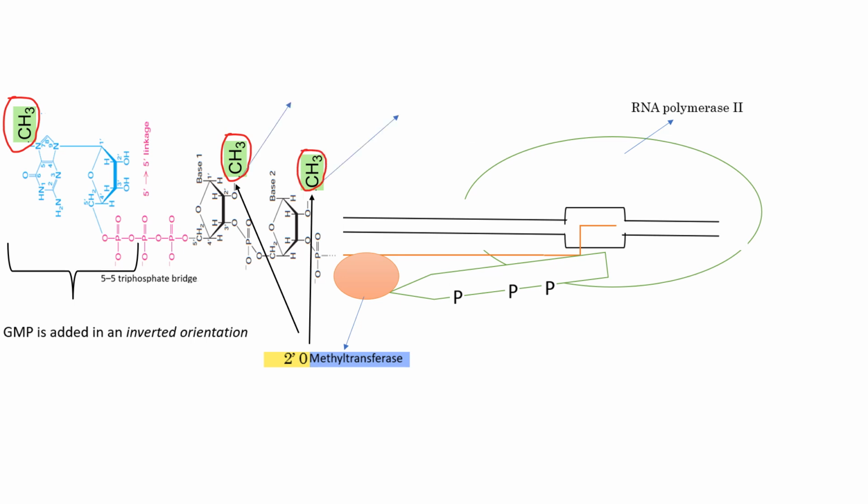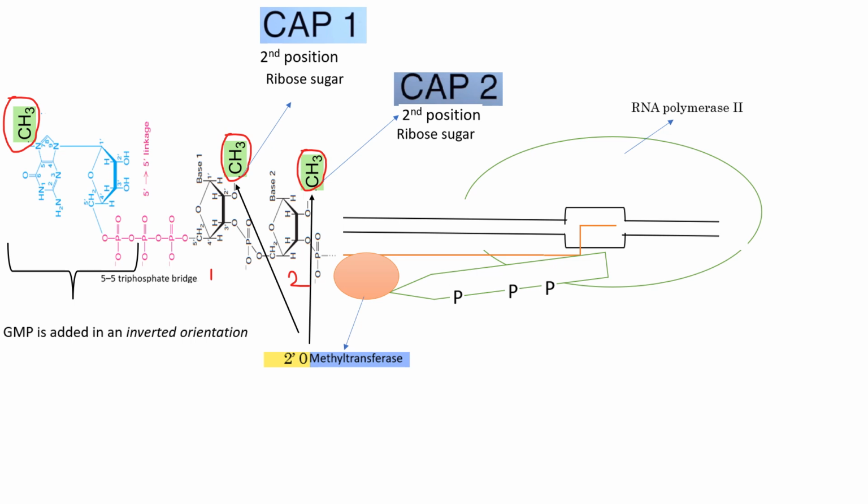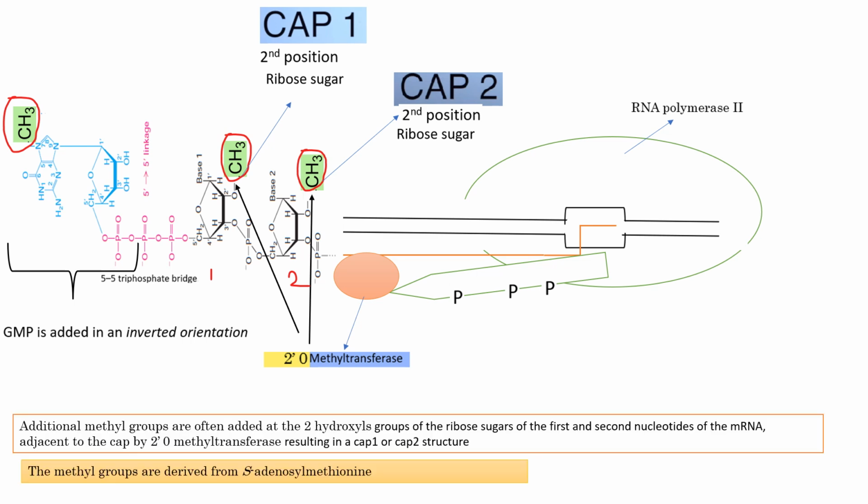These methyl groups are added to the second position of the ribose sugar. If it is added to the first nucleotide, it forms the cap 1 structure. If a methyl group is added to the second nucleotide as well, then it forms the cap 2 structure. The methyl groups are derived from S-adenosylmethionine.